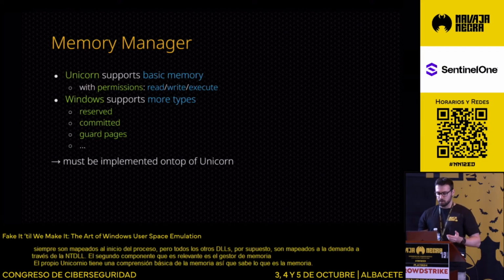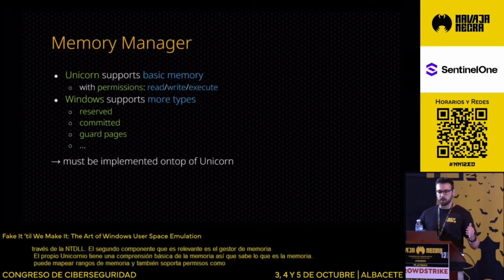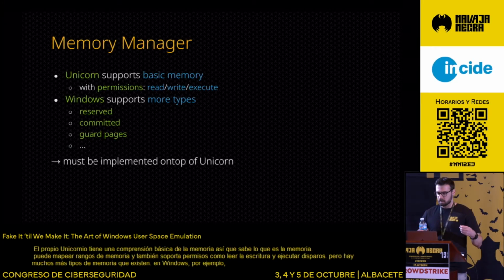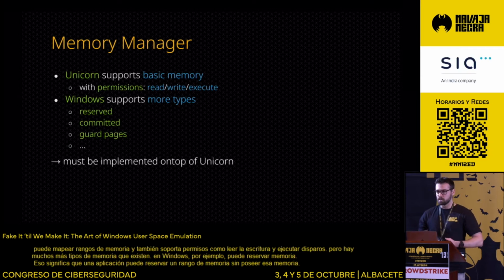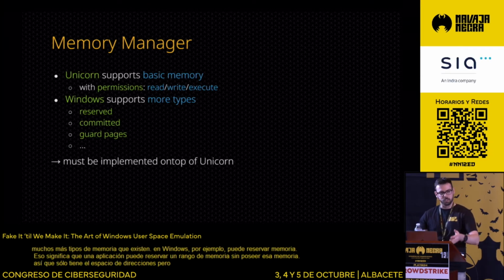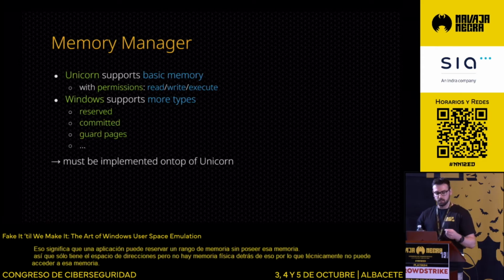For example, you can reserve memory. That means an application can reserve a range of memory without actually owning that memory. So it just has the address space, but there is no physical memory behind that, so it can technically not access that memory. And there is a second type called committing, which is responsible for allocating physical memory that backs this reserved memory space in the background.